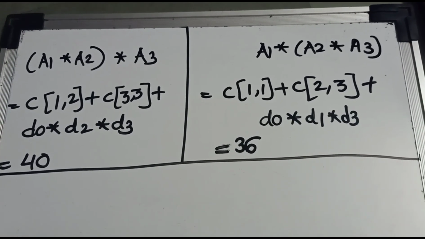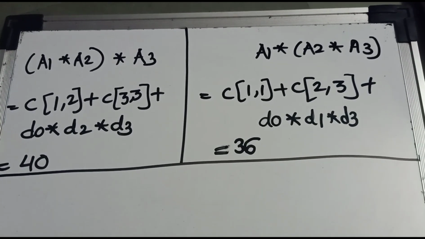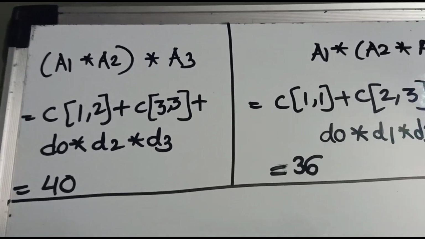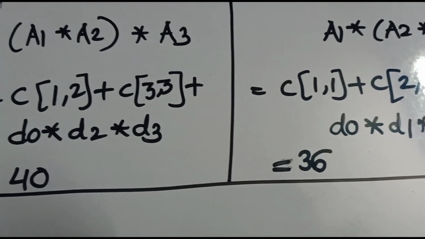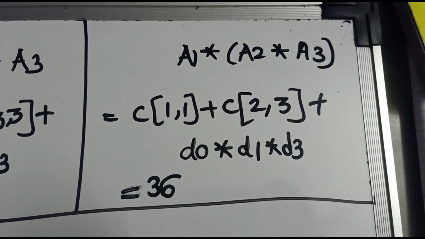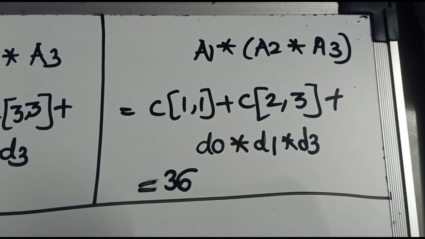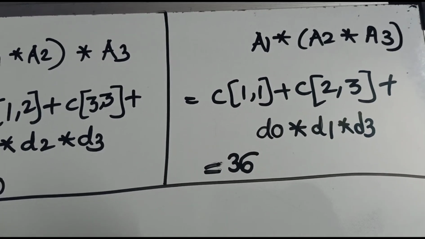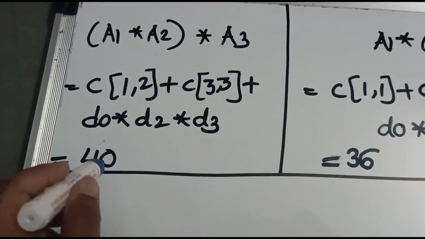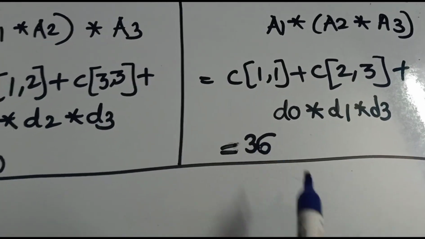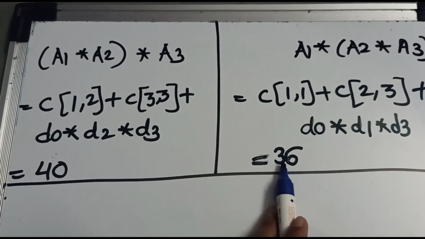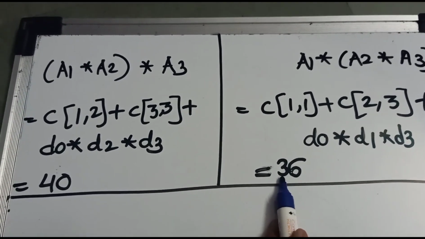Either I can combine a1 and a2 and multiply the result with a3, or I can combine the result of a2 and a3 and then multiply it with a1. We already saw this. For the first method we got the value 40, and for the second method we got 36, and we discussed that 36 is the minimum value.